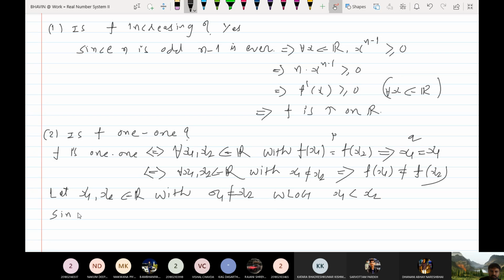Now since f is increasing, which I have already proved, increasing on R, you can say that f of x1 is less than f of x2. Or in short, f(x1) and f(x2) are different. By the way, it is strictly increasing here.